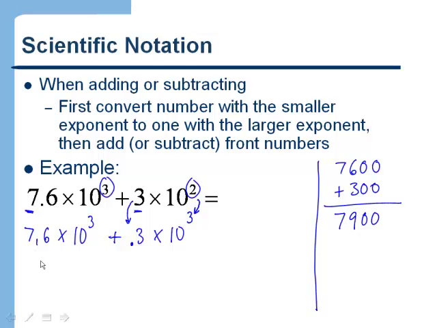So 7.6 plus 0.3 would be 7.9, and then the exponent just stays the same when I'm adding, okay? And that's also true when I'm subtracting. And so that would be our answer in scientific notation, and you'll notice that that is the same as 7,900, which is what we had ended up with without doing it in scientific notation.